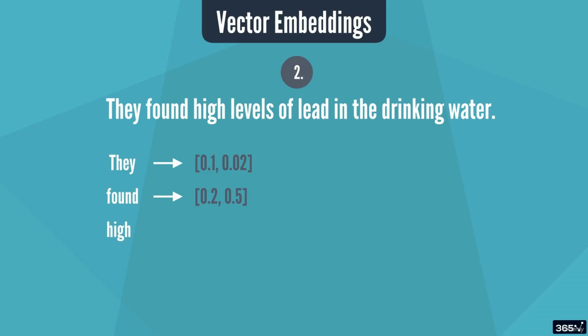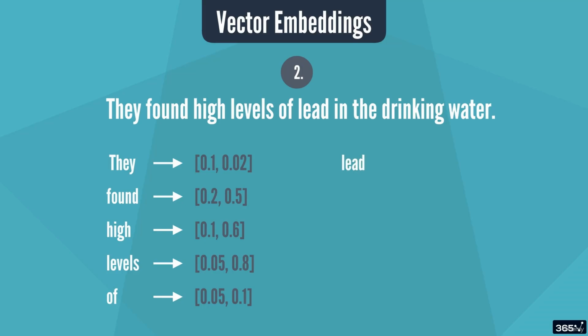High is contextually more related to quantity or degree in substance. In the same way levels, in this context, points to measurement, highly relevant to substances. Of, on the other hand, is a preposition, low relevance but slightly more towards substance due to its frequent usage in descriptions. Lead here refers to the metal, highly relevant in the second dimension.